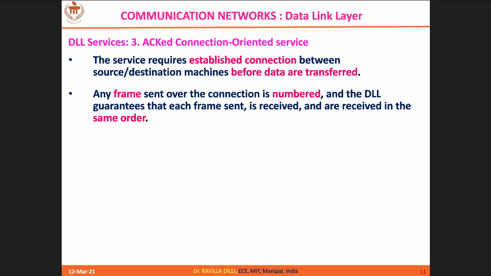If the ACK is lost, how are you going to deal with it? The frame is successfully received by the receiver, and the receiver also sent back the acknowledgement. Unfortunately, the acknowledgement is lost. What are you going to do now as a sender? The sender will assume that the receiver didn't get the frame, so you'll have to resend. So the sender is going to retransmit the same frame.